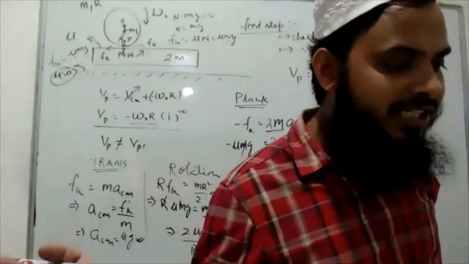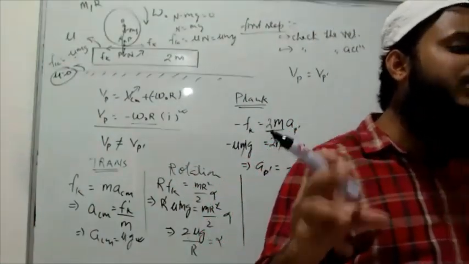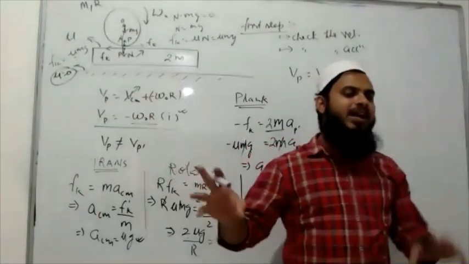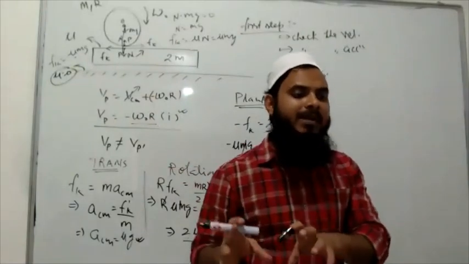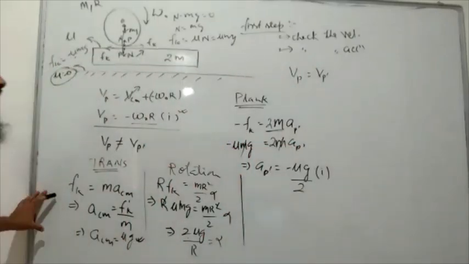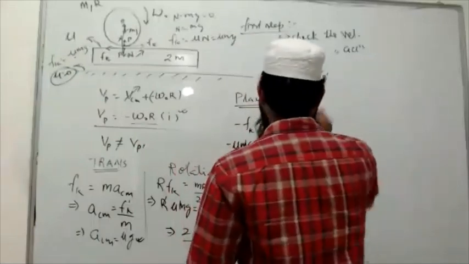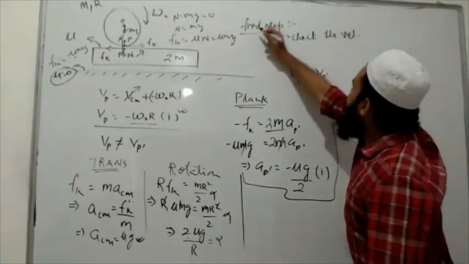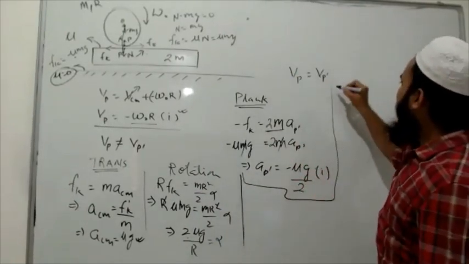That will be the translational velocity, and I have to calculate the rotational circular component of the velocity of the point P. Then I have to add them vectorially, keeping the directions in mind. So I am calculating the velocity of the disk. What will be the velocity of the disk after time t?